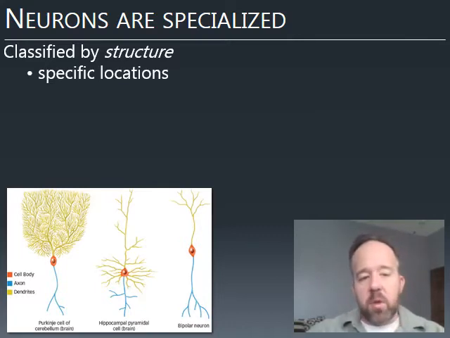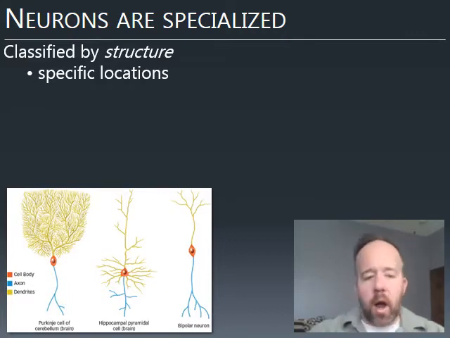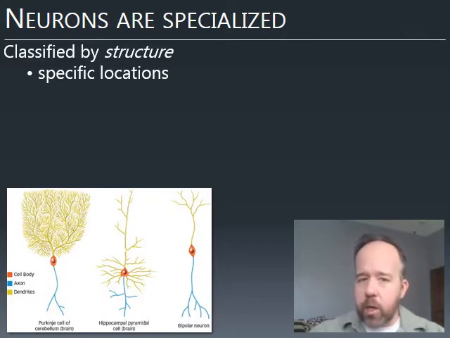You have, for example, Purkinje cells in the leftmost part of the diagram. You have pyramidal neurons in the middle, and you have bipolar neurons on the right. And the point here is not to memorize the fine structures of these neurons. We will eventually be touching back to different kinds of neurons. But the idea is that these neurons are found in specific locations.